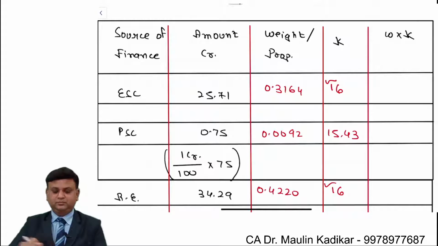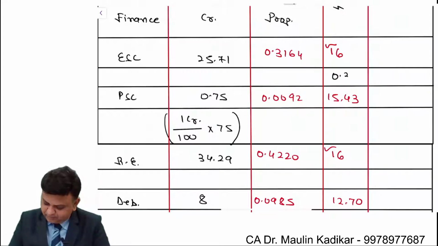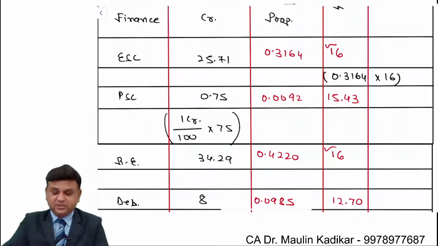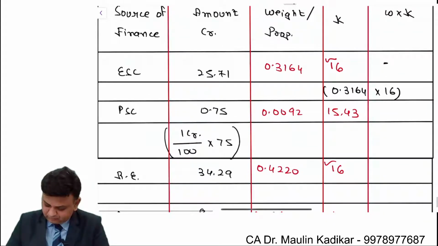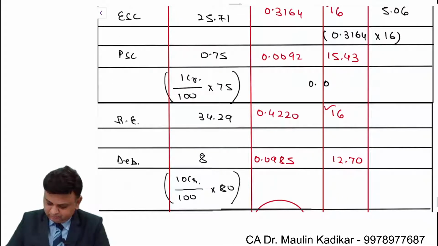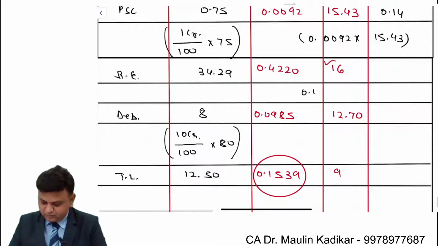So weight into cost. 0.3164 into 16. So 5.06. 0.0092 into 15.43. 0.1420. 0.4220 into 6.